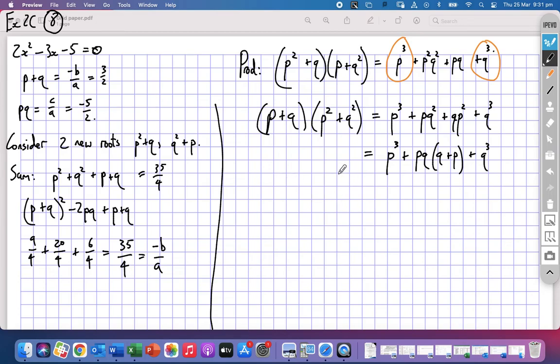So given that p squared plus q squared plus 3 on 2, that's 6 on 4, equaled 35 on 4, it means that p squared plus q squared equals 29 on 4. Right, so that could go in here. Okay, so that's 29 on 4.